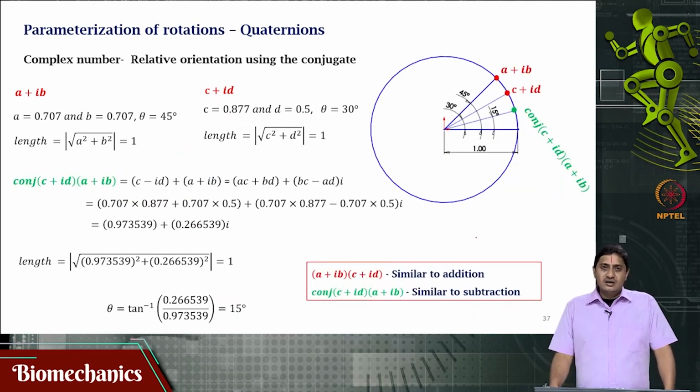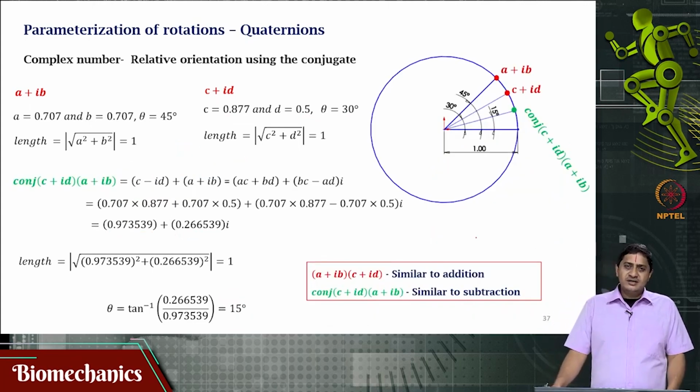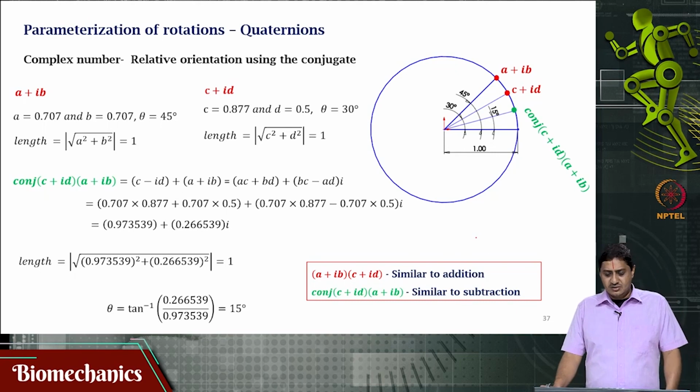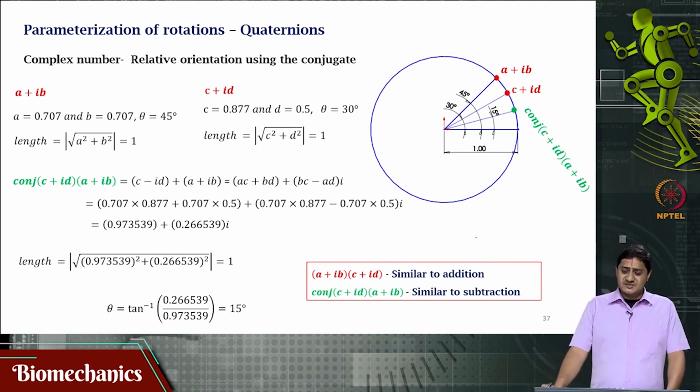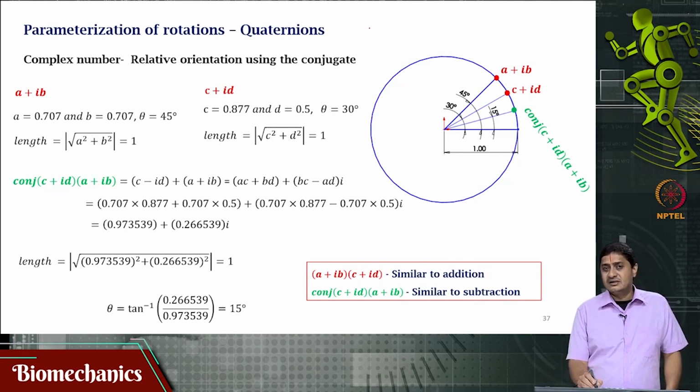Now, let us look at how we can use the complex number representation to find relative orientation. Remember, in one of the previous videos, we looked at finding the relative orientation between two joints as, for example, R2 transpose times R1.